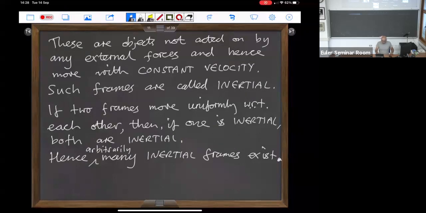And the frames themselves are related by what are called Lorentz transformations. By the end of today, or sometime in tomorrow's lecture, we will have understood basically what a Lorentz transformation is.